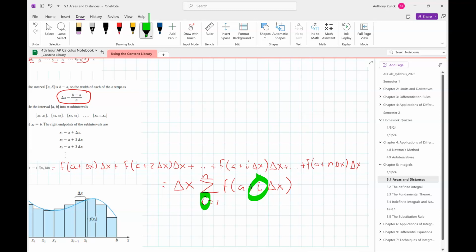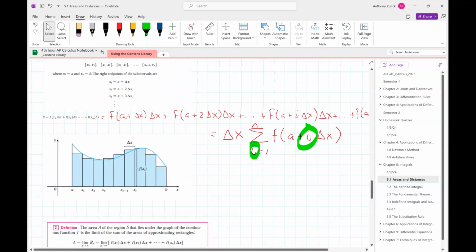Just like i is going from 1 to n, it's f of a plus 1 delta x times delta x, plus, when i goes to 2, f of a plus 2 delta x times delta x, and then i goes to 3, and I just keep going all the way to n. So it's the same formula as above. It's just compacting it into a sum, so I don't have to write all that down.